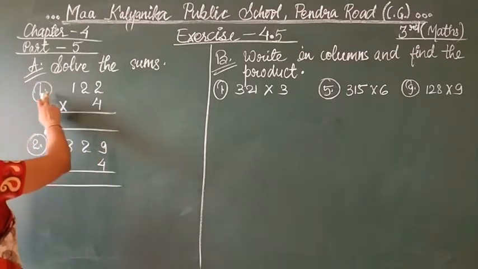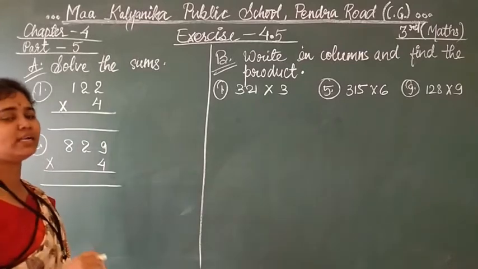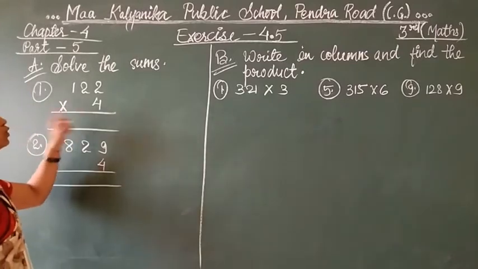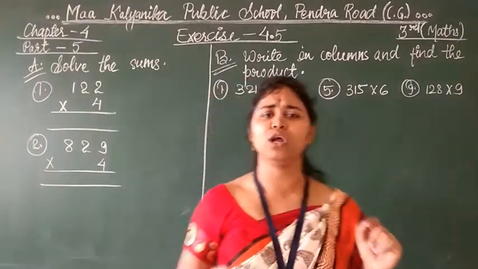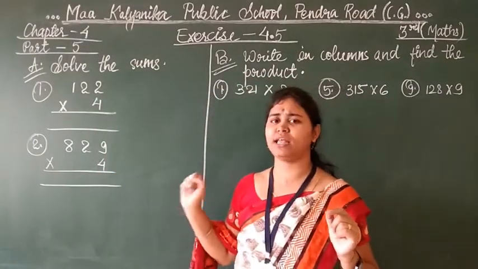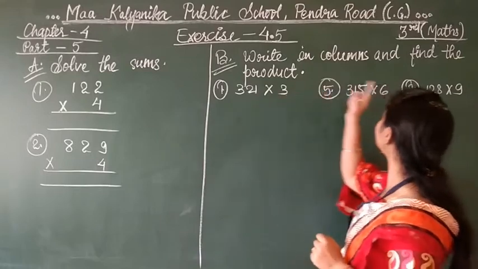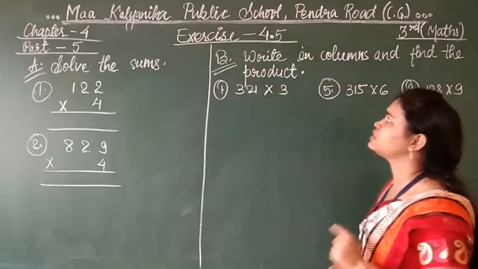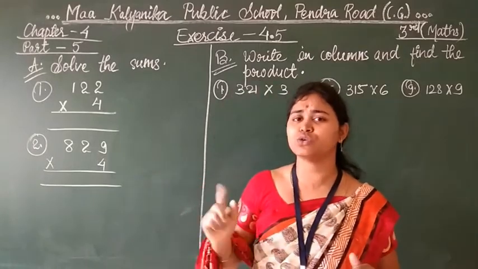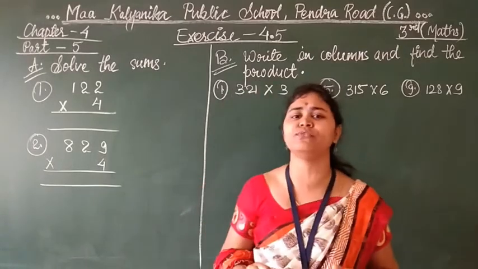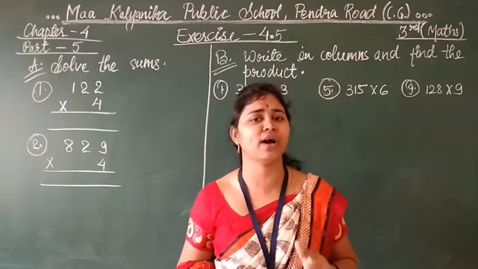See students, question number 1 is 122 multiplied by 4. In exercise 4.4 we learned the same question A and B, write in column and find the product. So what is the difference between 4.4 and 4.5?